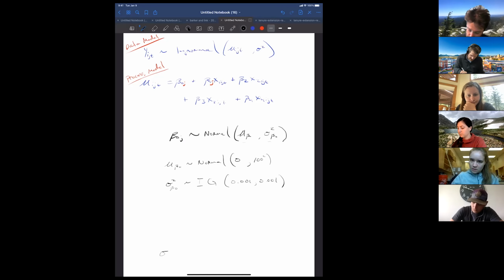Let's see, we also had sigma squared, and that is this sigma squared up here. We have a prior distribution for that. And then last time, oh, we also had beta 1. This was from our last model.